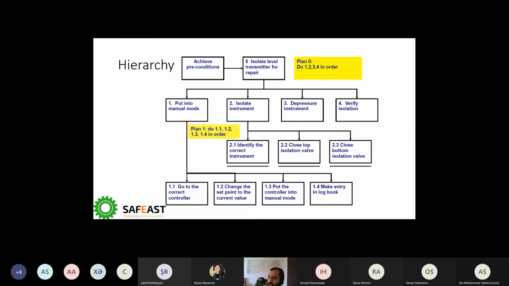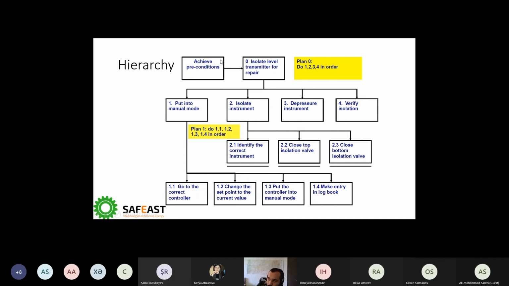When we use this hierarchy to develop a procedure, first we put in the achieving preconditions. For example, here our task is to isolate a level transmitter for repair. So you have got a level transmitter and your task is to isolate it for repair. Basically you are saying plan 0 and do 1, 2, 3, 4 in order.